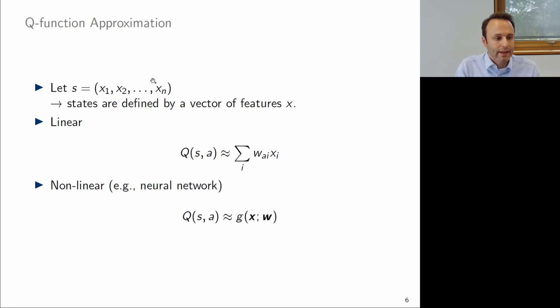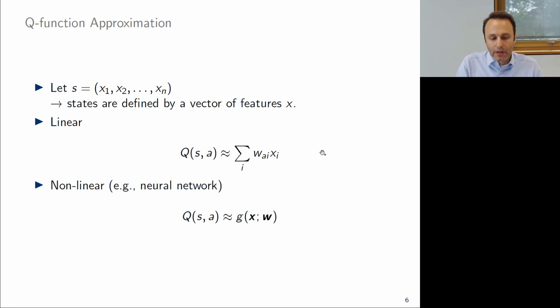Well, let's start with the states and think of the states as a vector of features x, and the x's could be the pixel values, for example. Then you might do the next natural step and use a linear regression, so a weighted function of the features to get an estimate of the Q value.